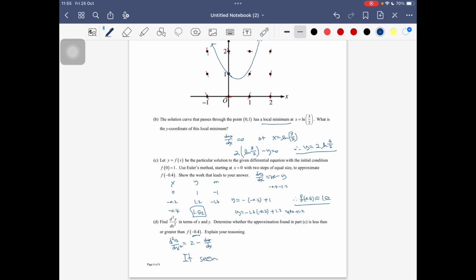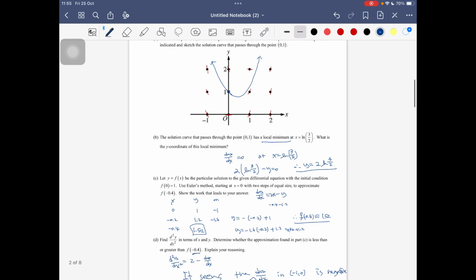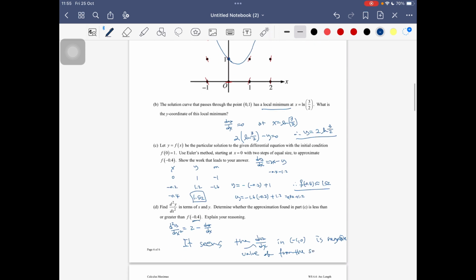The dy over dx value in the interval negative 1 to 0 is negative, from the solution curve on the slope field.